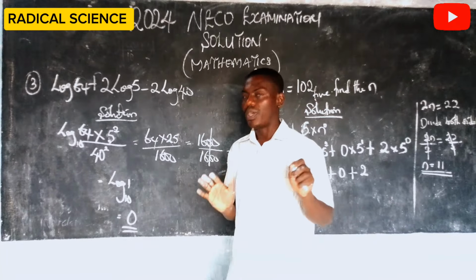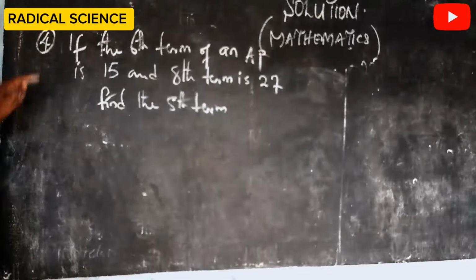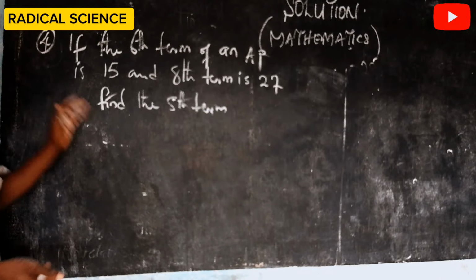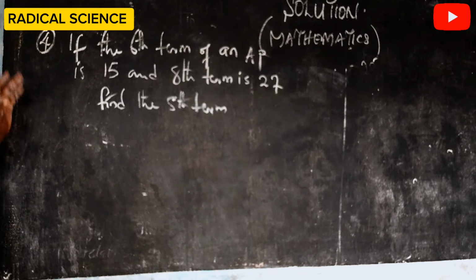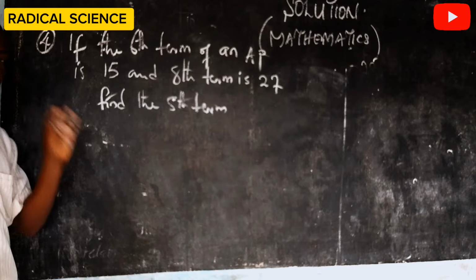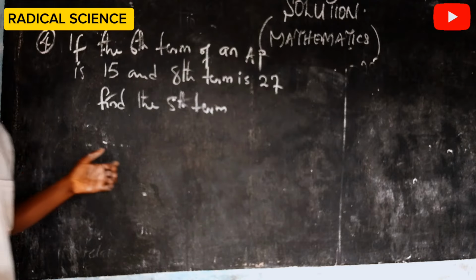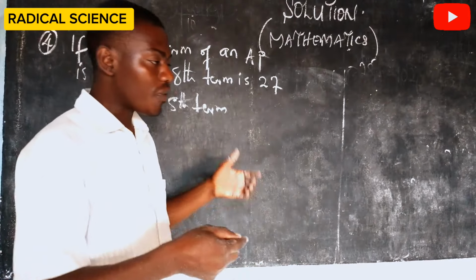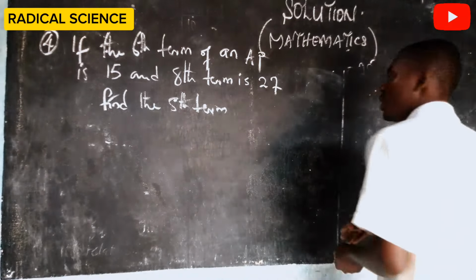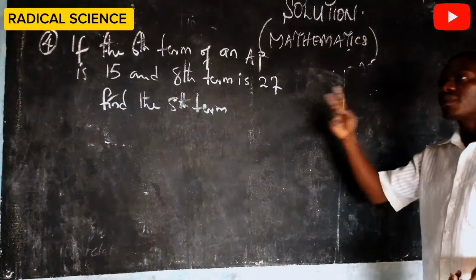Question is, an AP, but this one is AP that will lead to simultaneous equation because it involves finding two different variables.